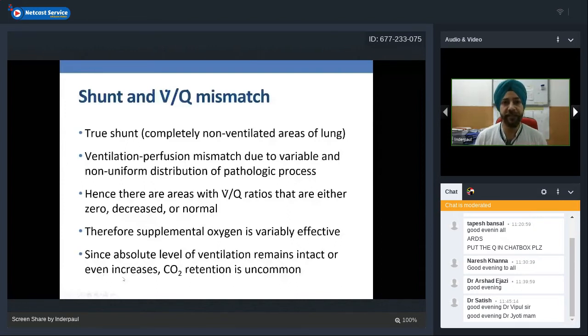And because the ventilation is maintained by the patient, when a patient has acute lung injury, work of breathing increases, his respiratory rate increases, he takes small breaths but at a higher frequency. In a nutshell, he is trying to maintain his ventilation, and that is why you do not see CO2 retention initially, but as the injury progresses, you will see CO2 retention also.